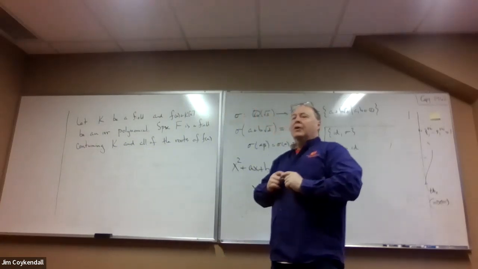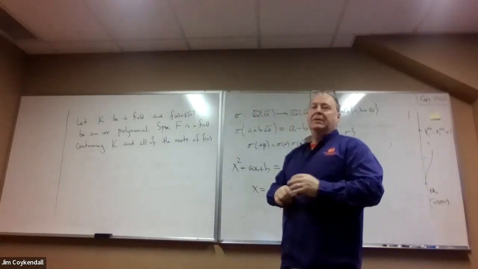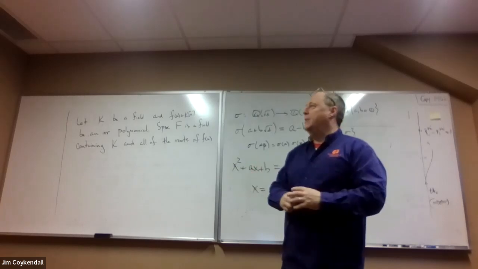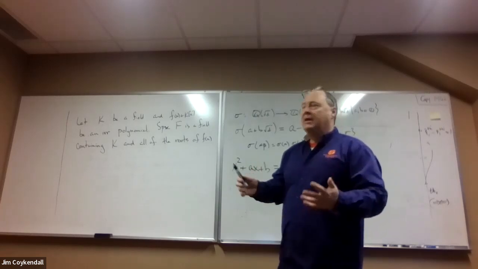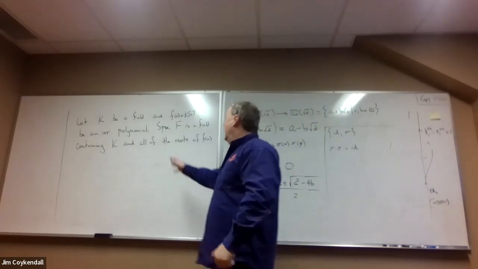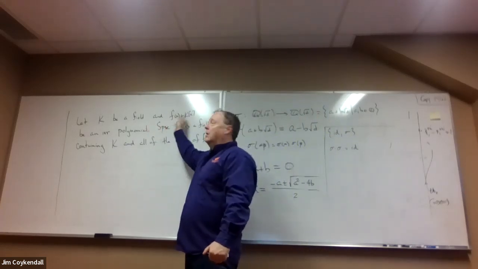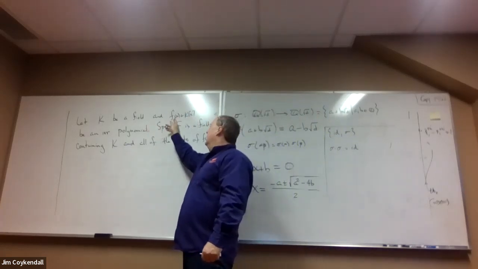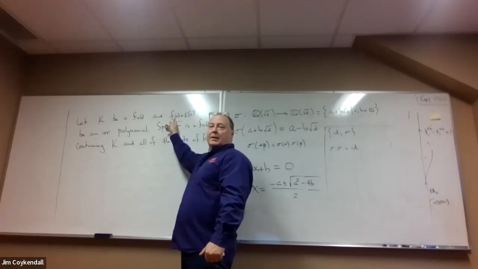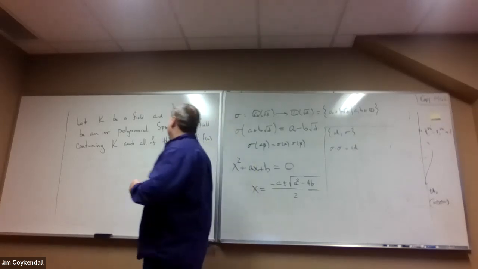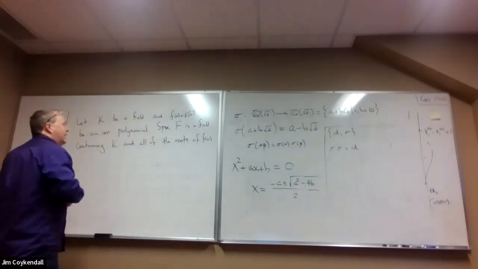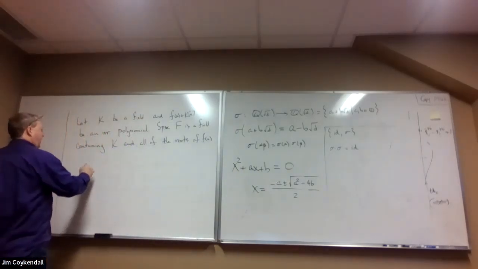Now, such a field exists, and we're going to be more specific about this later. But let me give you a feel for why there is a field that contains roots of this. Take your polynomial. Now look at the field.